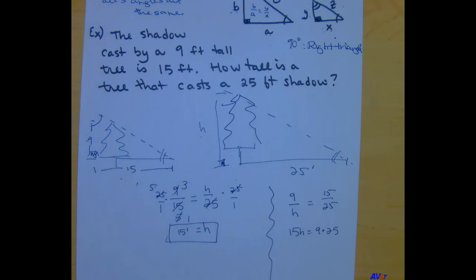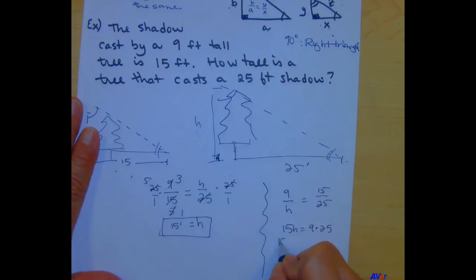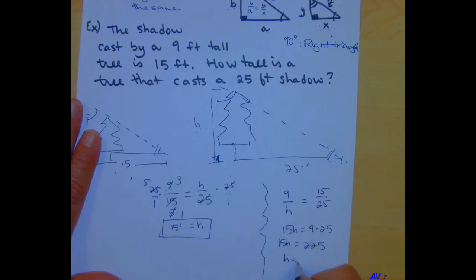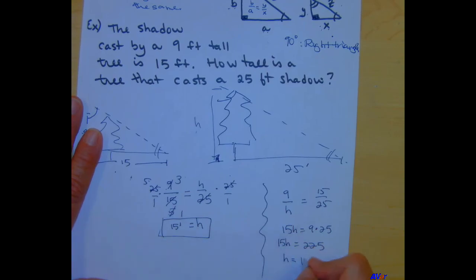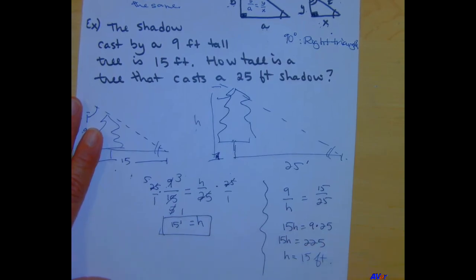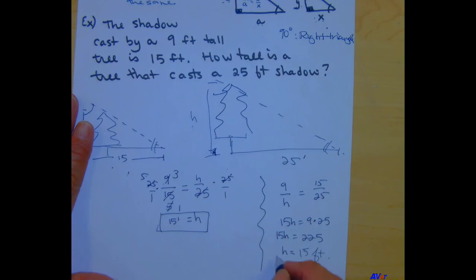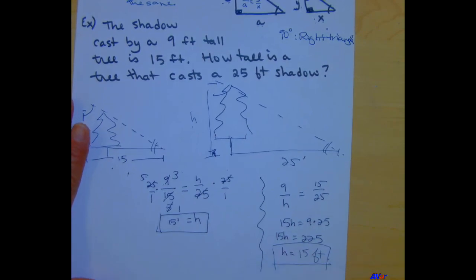Okay, I really do have a calculator. 9 times 25 is 225. So 15h equals 225. To get to h, I divide by 15. 225 divided by 15 is also 15. So you could have gotten there either way. Same answer. All right, so good luck on the story problems.